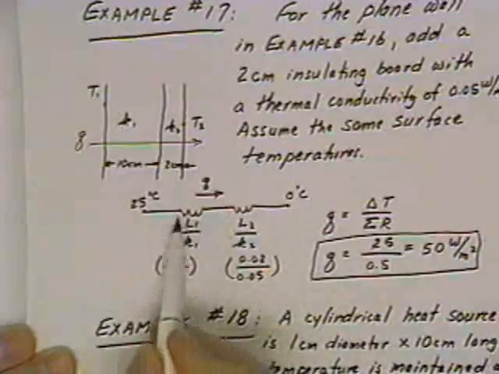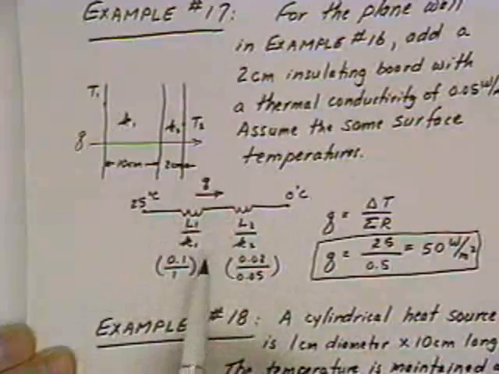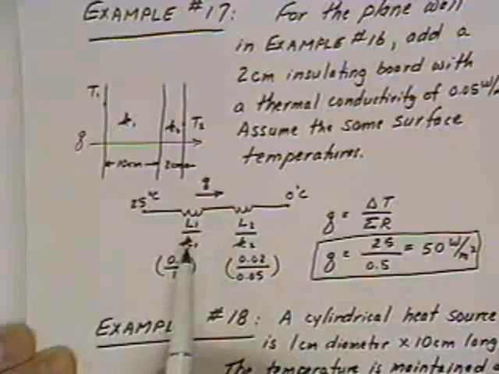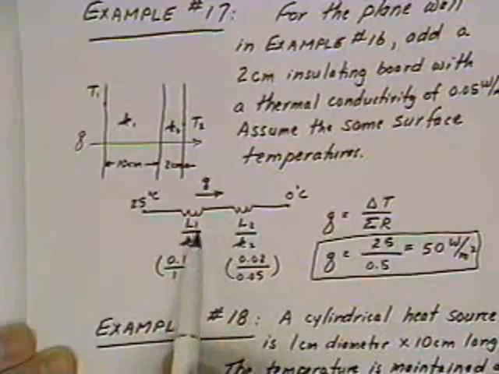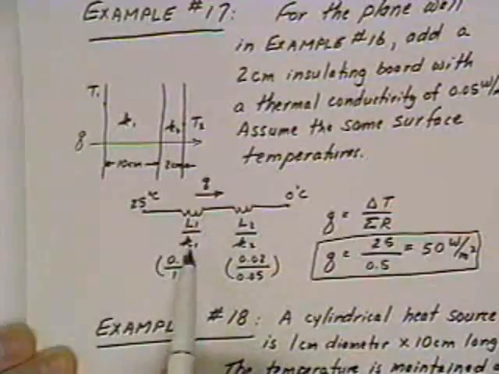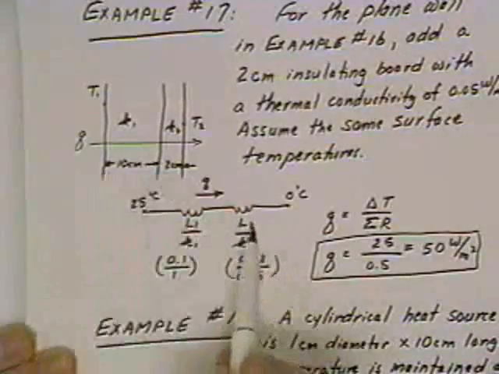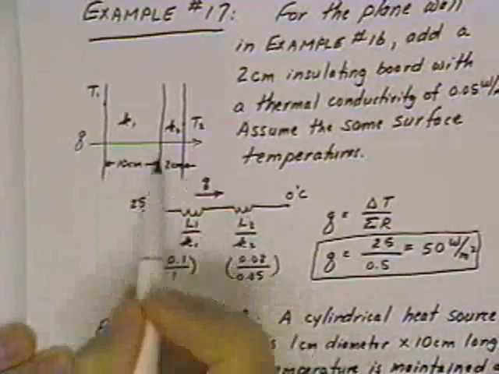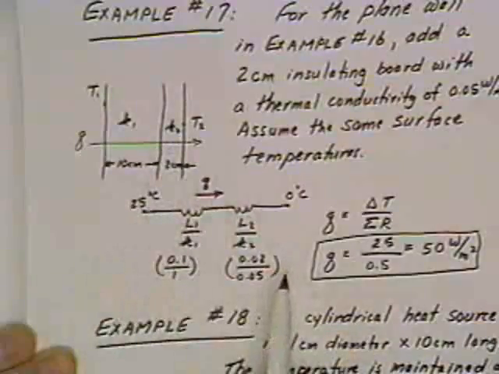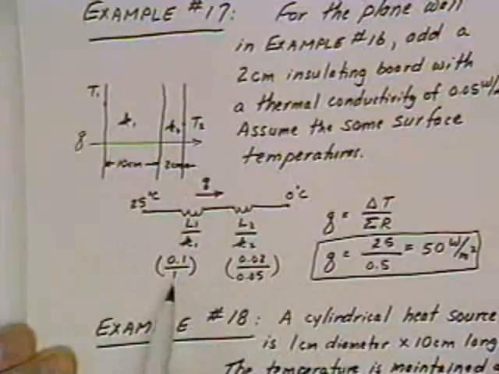And then the resistances corresponding to the electrical resistances are thermal resistances, and the thermal resistances are equivalent to the length over the thermal conductivity. So L1 over K1 is the thermal resistance of the 10 centimeter material. L2 over K2 is the thermal resistance of the second 2 centimeter material, and that number is 0.1 over 1, same numbers we had a while ago, L over K in this case.